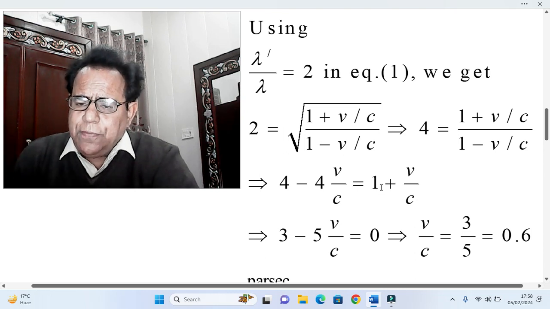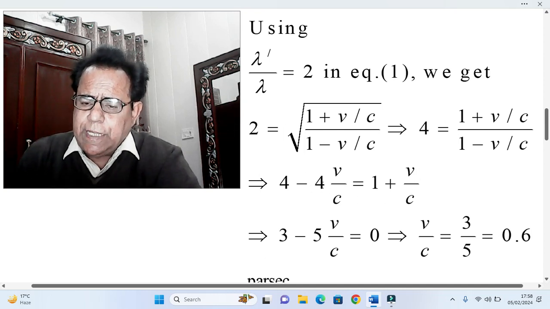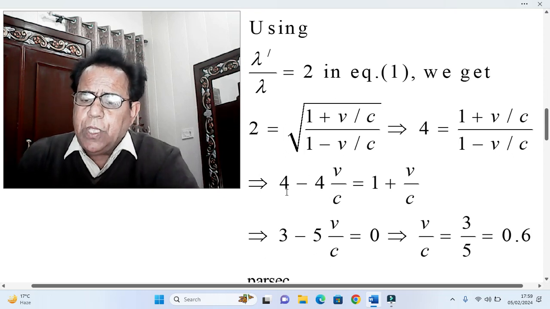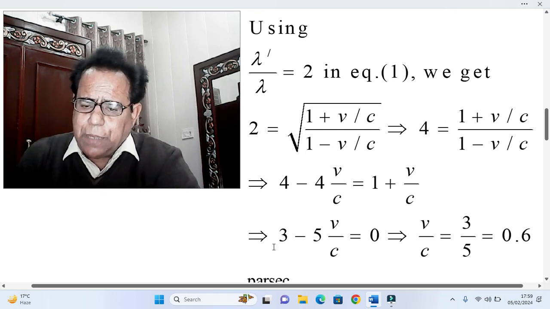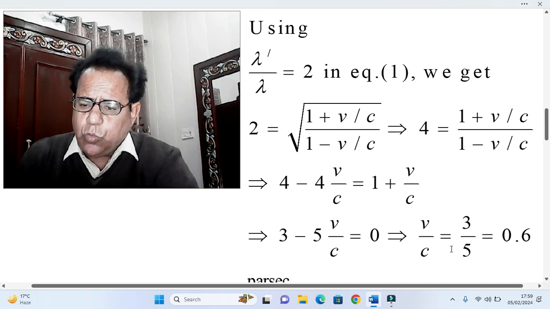This 1 will be subtracted from 4 and we will get 3. Similarly, this v over c will be subtracted from minus 4v over c, and it will become minus 5v over c. So our expression after simplification will become 3 minus 5v over c equal to 0. This implies that v over c equal to 3 over 5 equal to 0.6.